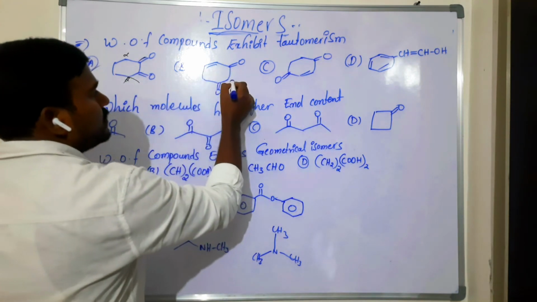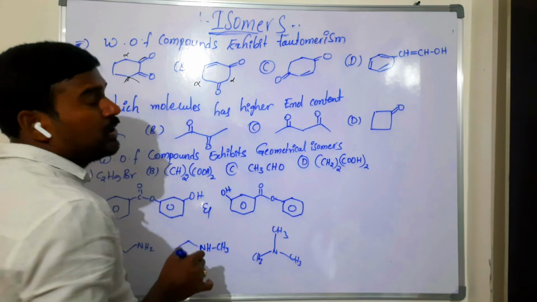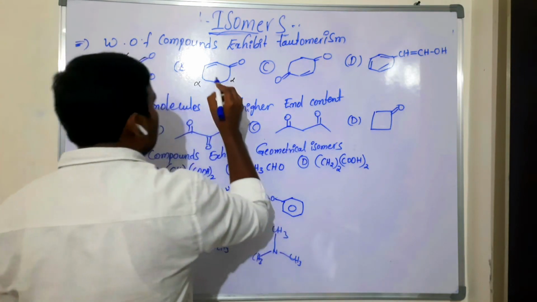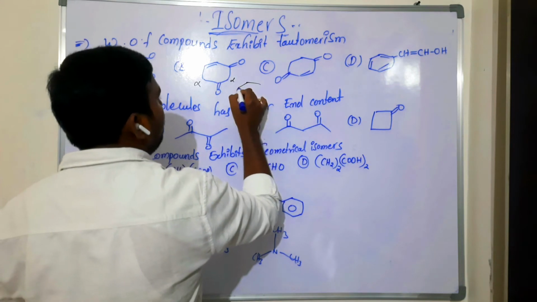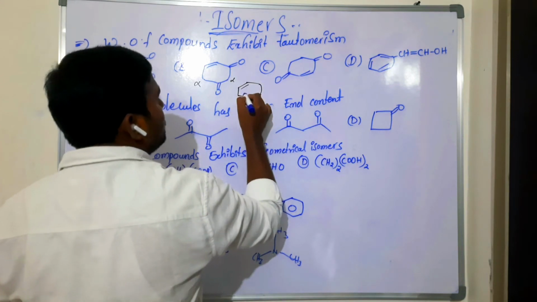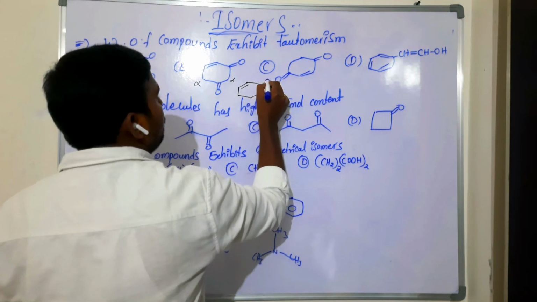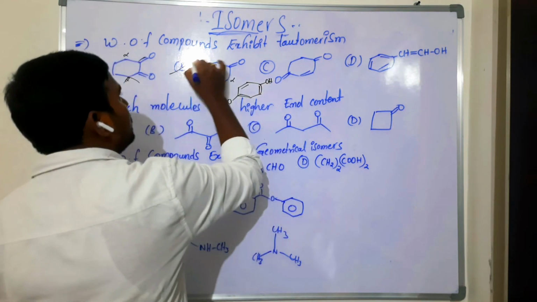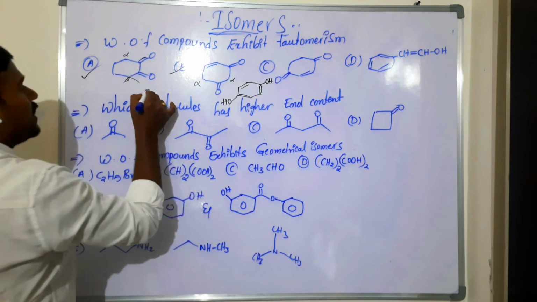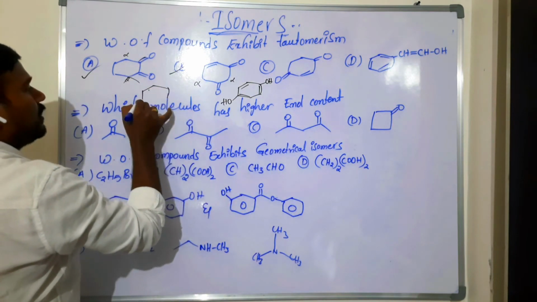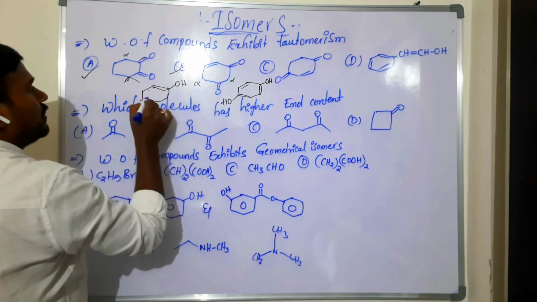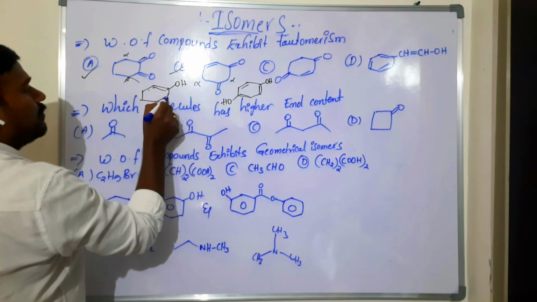After tautomerization, it forms the OH compound, gaining aromaticity. In this case, which compound will be formed after tautomerization? OH, with a double bond here.